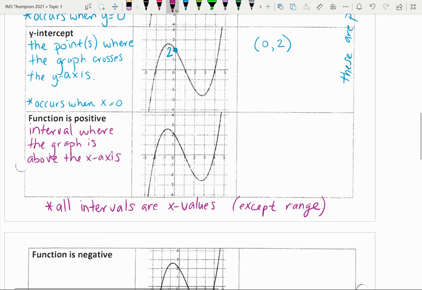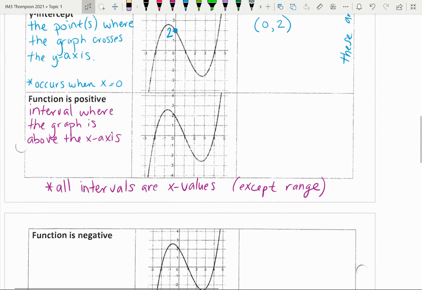As a rule, when asked for an interval, we're talking about the x values. The only exception is the range, which by definition is the y values. Everything else is going to be the x values. So I'm looking for the interval where the graph is above the x-axis.